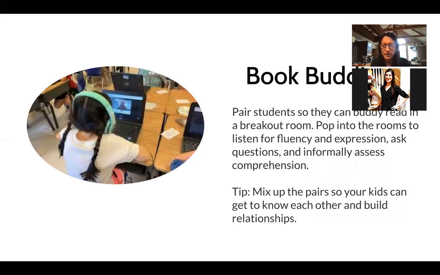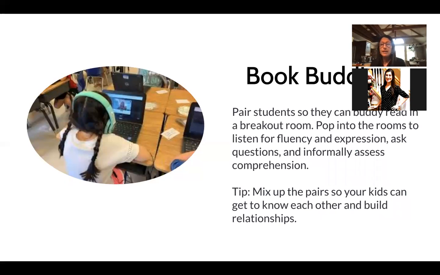Okay, so book buddies. Book buddies are if you pair students, so then the buddies can read to each other in a breakout room. So you're making a bunch of breakout rooms, depending on how many students you have, and they read to each other in the room. One listens, one speaks. They could go back and forth, however you want to have them work it.